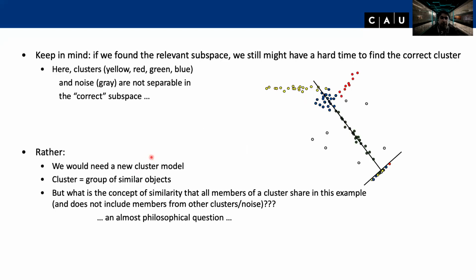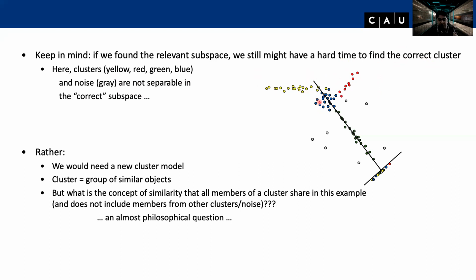What we need to keep in mind is that if we found a relevant subspace, we may still have a big challenge to find the correct clusters in the data set. So here are the clusters that we have: yellow, red, green, and blue.